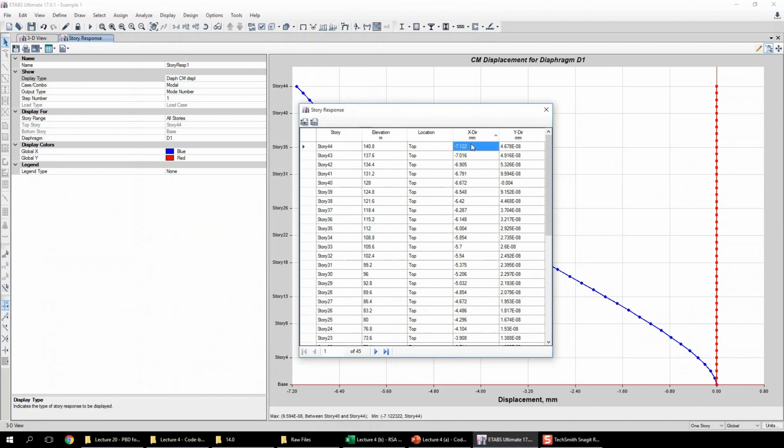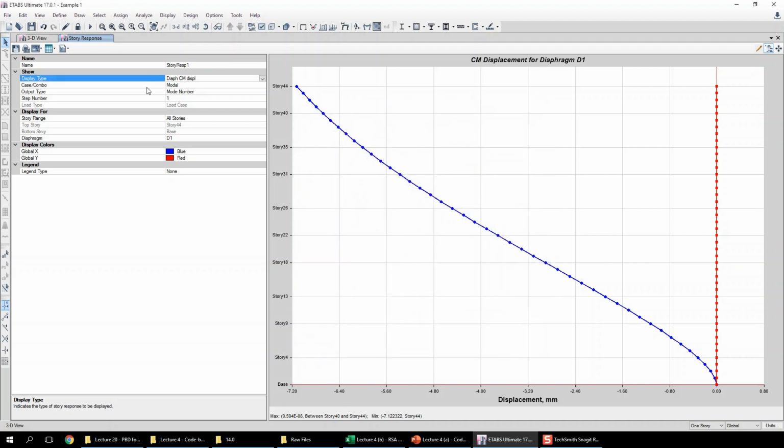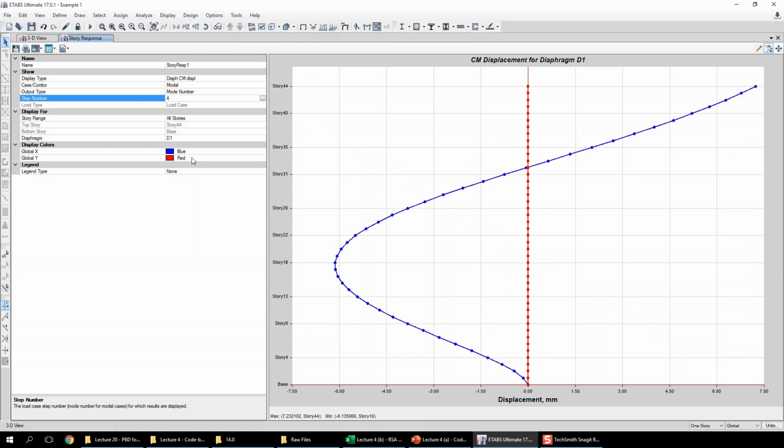So the X direction value you need to copy, because this is the first mode in X direction, this mode number 1. Then the second mode shape in X direction is mode number 4, if you remember from modal analysis results. So I put mode number 4 here, and here I can see the second mode shape, and you can see it looks like exactly the second mode shape.